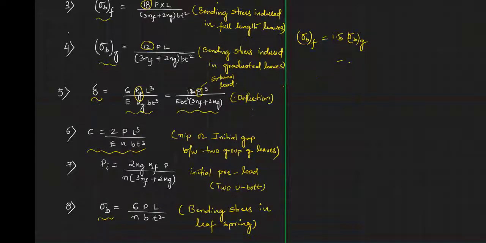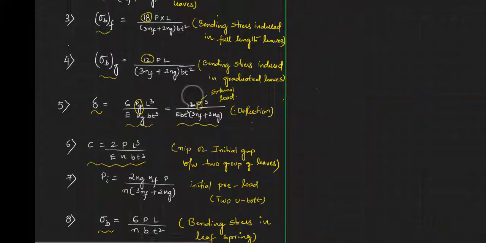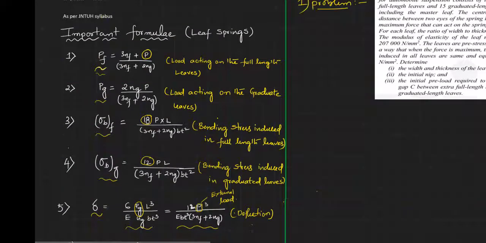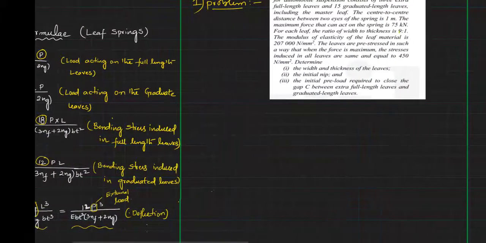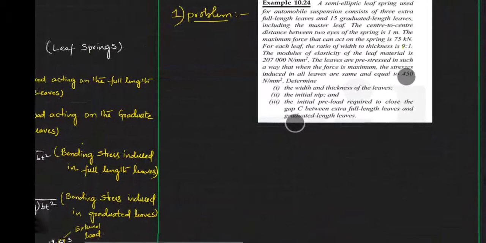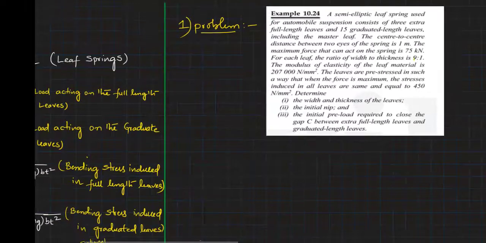So let us solve a problem and see how we can use these formulas. Also, these formulas are available in your design data book, however the notation may vary. Whatever notation I have used, the same notation may not be there in the data book. So please refer to those notations and their nomenclature before you use these formulas.